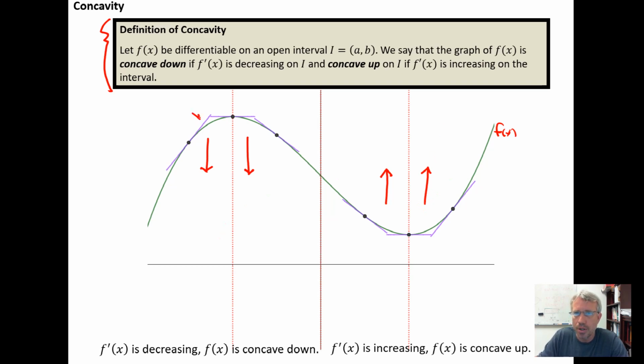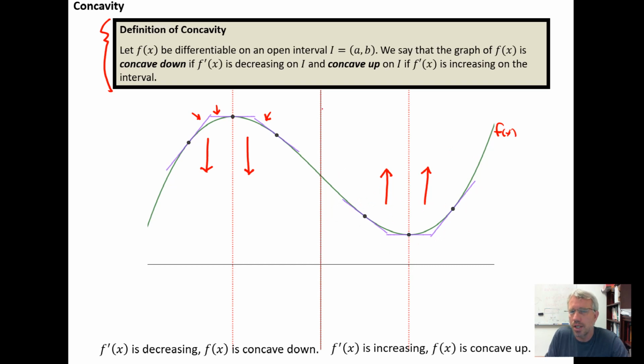So in purple here, I have established some representative tangent line pieces. And what you want to notice is that when a function is opening downwards, the tangent lines to the function are always above the function. And when a function is concave upwards, like it is through here, the tangent lines to the function are always below the function.